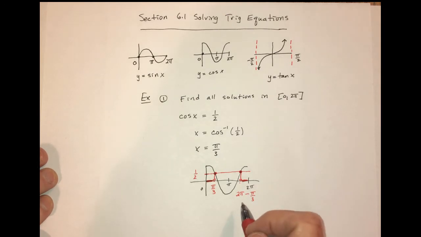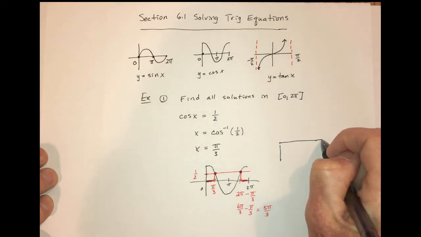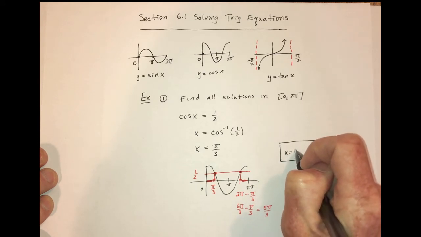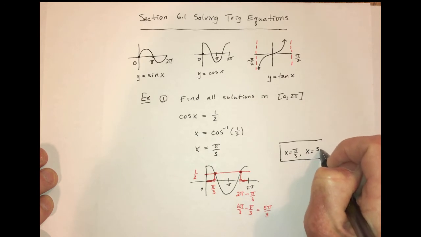Then if you get a common denominator, this is going to be 6 pi over 3 minus pi over 3. And then that equals 5 pi over 3. So now my 2 solutions are x equals pi over 3, x equals 5 pi over 3.